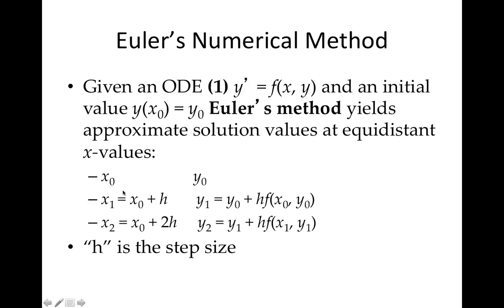So for a known x sub 0 and y sub 0, we can then calculate point y1 by taking y sub 0 and adding a step that multiplies the f of x sub 0, y sub 0 value. So we're taking something analogous to a slope, and h here is the step size.